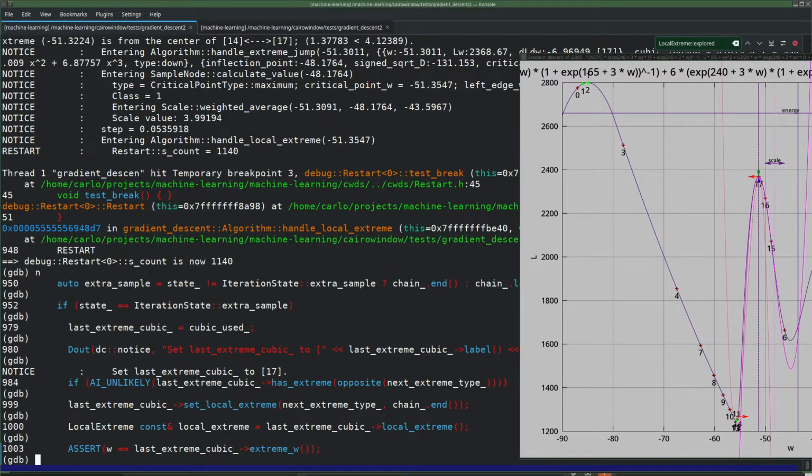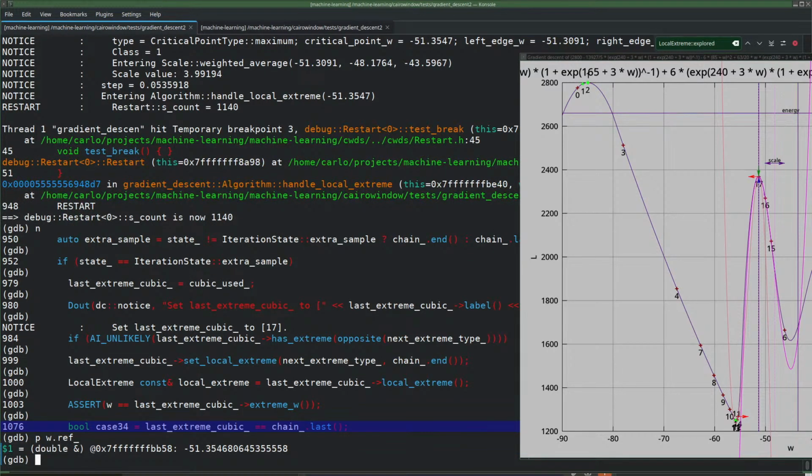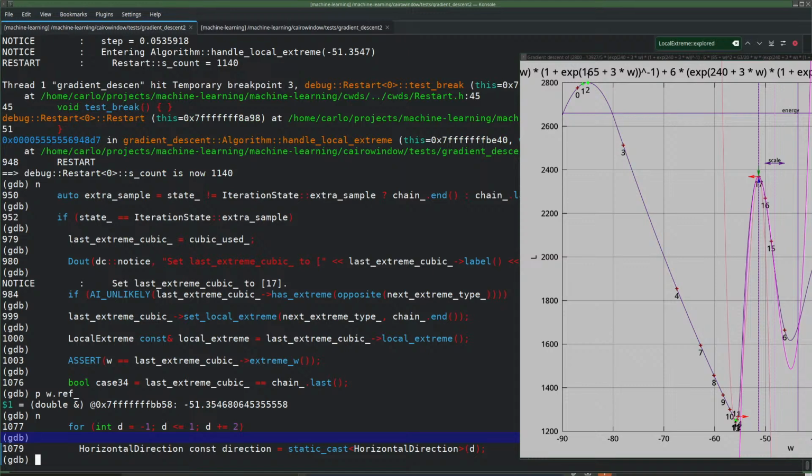Okay, we found 17. This is 17. Then we find neighbors.